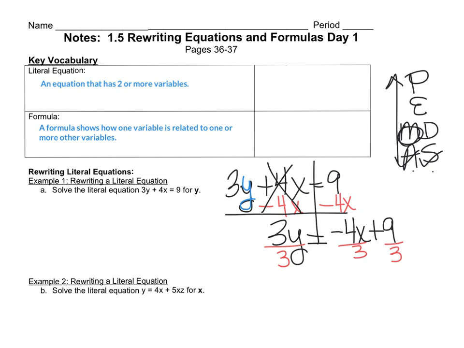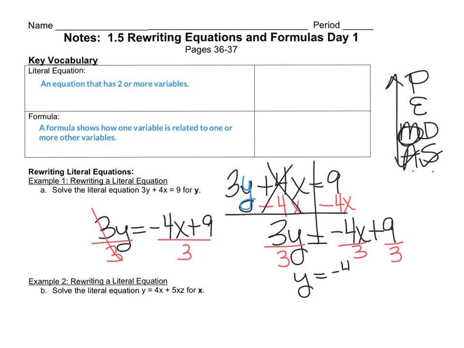A lot of times you'll see it as 3y is equal to negative 4x plus 9, and they'll divide by 3 here, and they'll do a long division sign and just do 1, 3. Either of these is correct. So we have y is equal to negative 4/3 x plus 9 divided by 3 simplifies to 3. And y is alone, so that is your final answer.